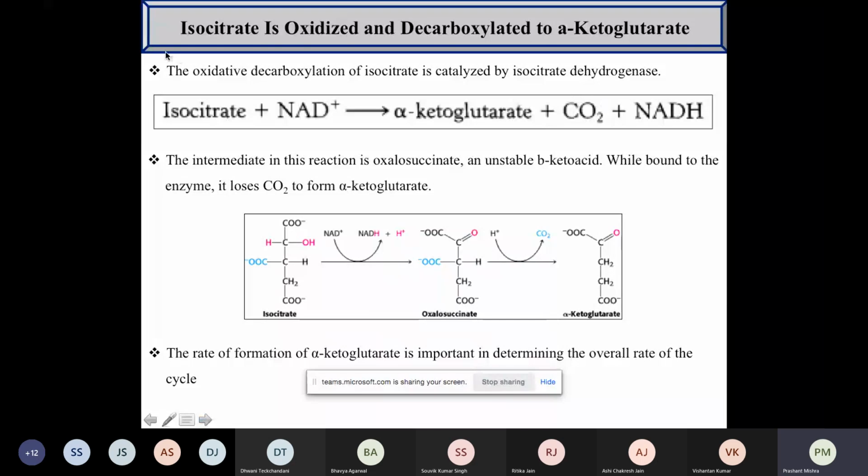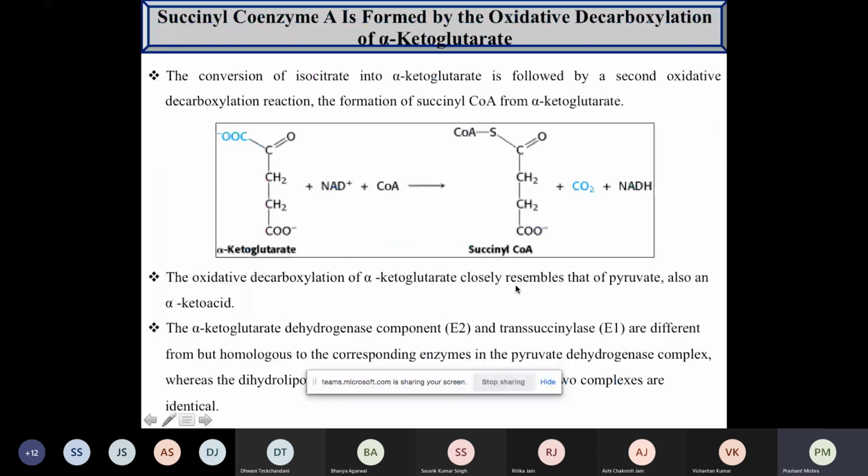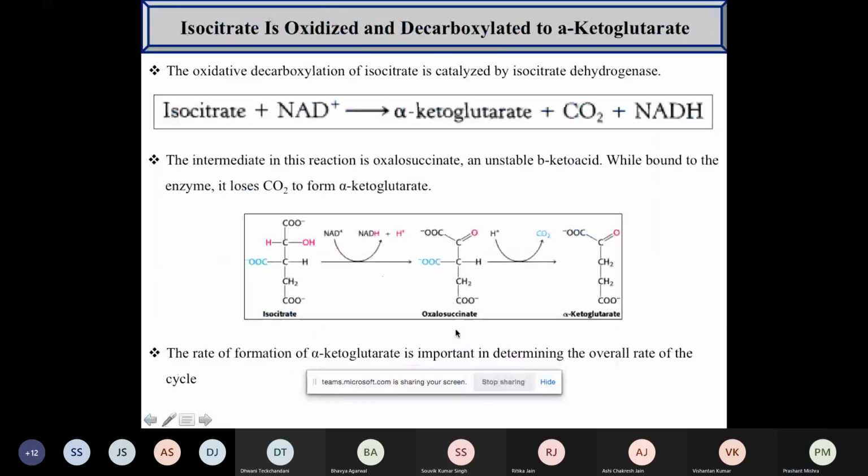So you have seen that two carbons have entered in the form of acetyl-CoA. One of them is removed here as carbon dioxide. The reaction is illustrated here. NAD is getting reduced and isocitrate is getting oxidized. It forms first oxalosuccinate and then alpha-ketoglutarate.